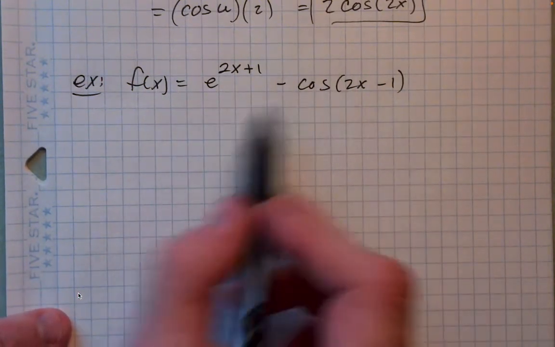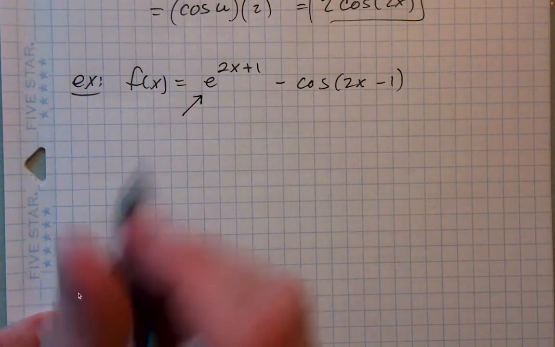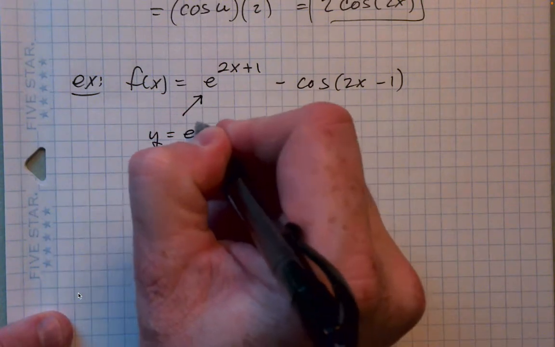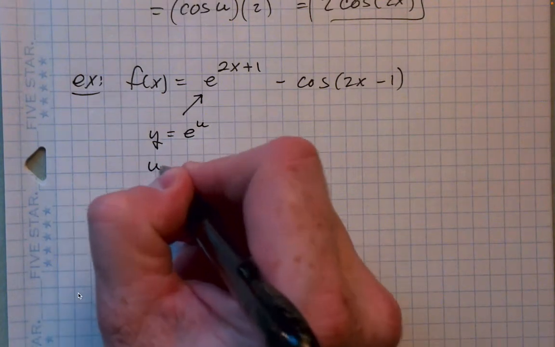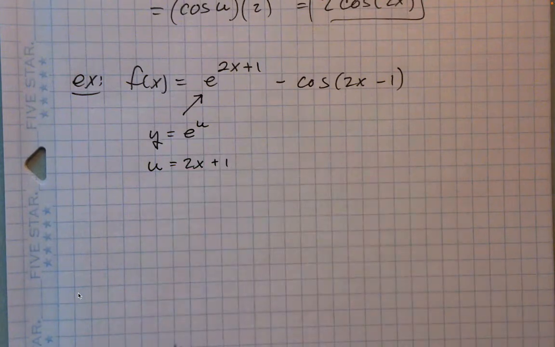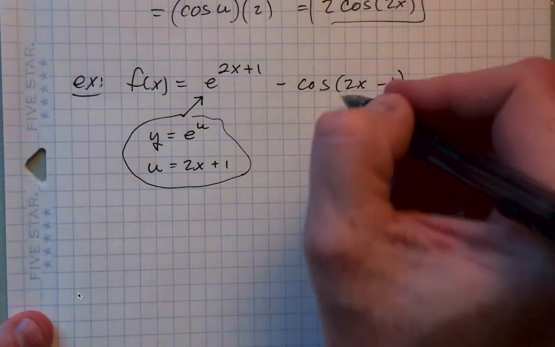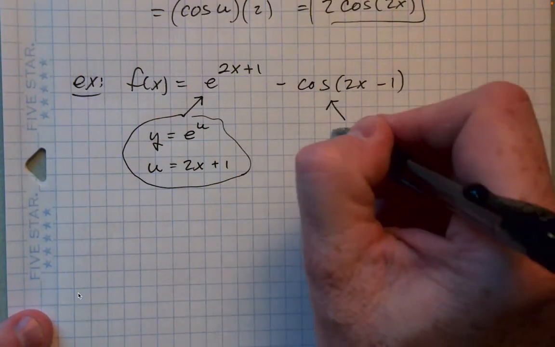So let's just look at this first and evaluate what our inside-outside functions need to be. For this one, your outside function is y equals e to the u power. We can easily differentiate that. And then our u function is 2x plus 1, right? So that one's straightforward. Let's do the same thing over here just to make sure we can see what's going on.